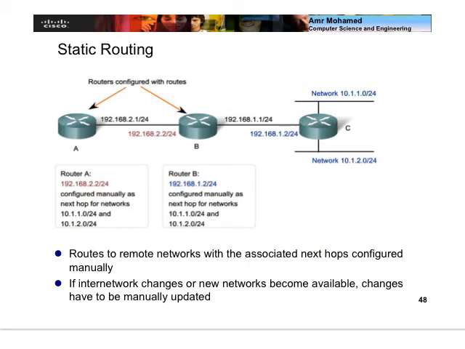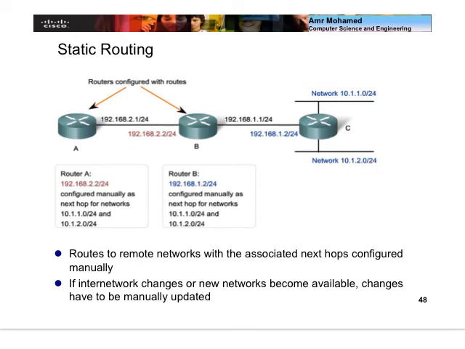So static routing. In that case, as we said, the routing entries will have to be put in the routing table manually. So the network administrator will have to access router A, and then add these addresses manually in the routing table.